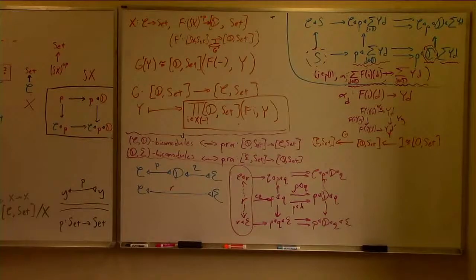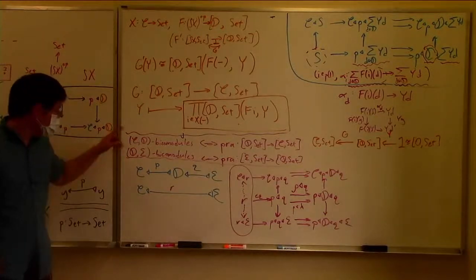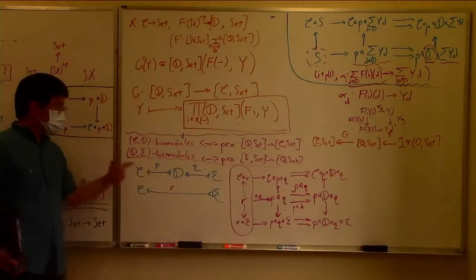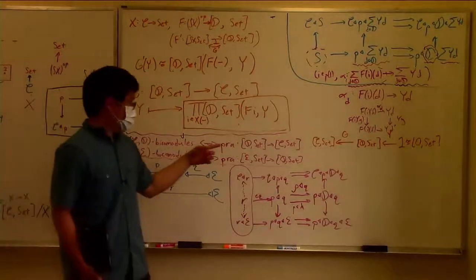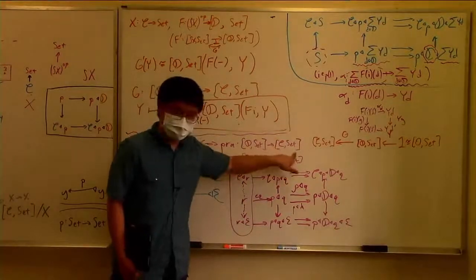Okay, I'm reading these questions. Do the category of bicomodules and the category of PRA functors agree on the maps too? They're both natural transformations. Yes, that's a great question. So I didn't show this correspondence, but I believe it is in fact the case that bicomodule morphisms are also natural transformations between functors from C to Set.